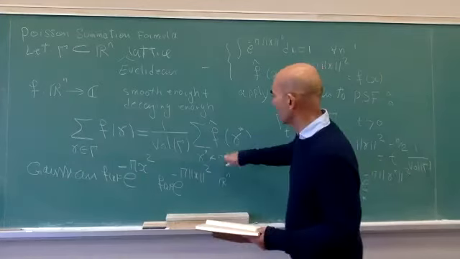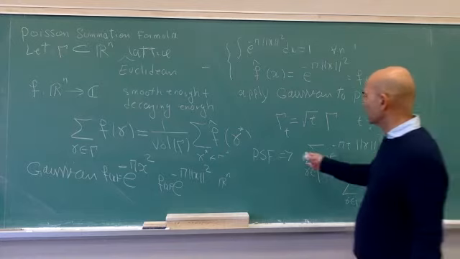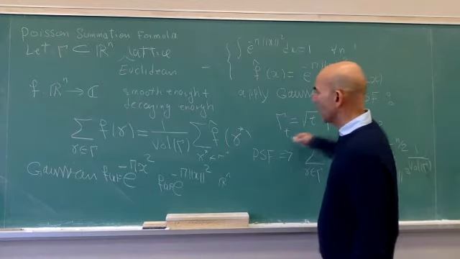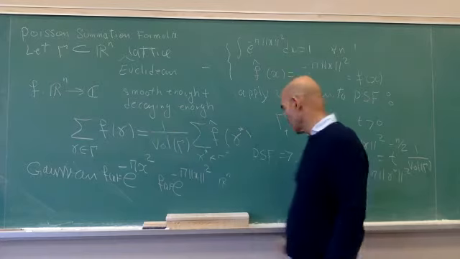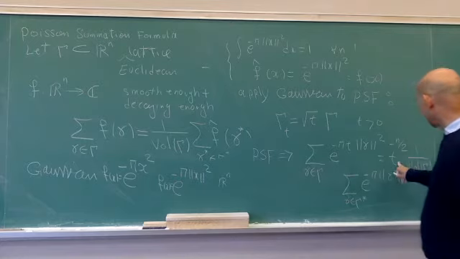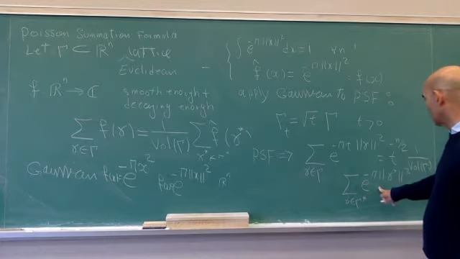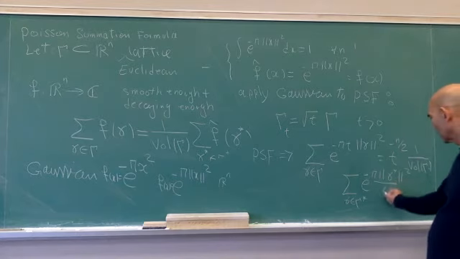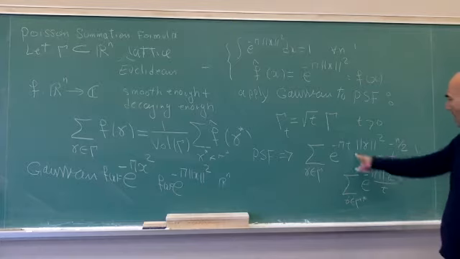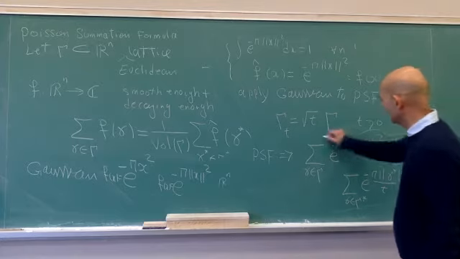It's a simple application of this result to this family of lattices. Of course, there is a relation between the volume of root t gamma and the volume of gamma. The factor of t to the power n over 2 comes out, and 1 over volume gamma stays. This is the right-hand side, this is the left-hand side, and oh, there is a t here, I have to divide, I forgot.